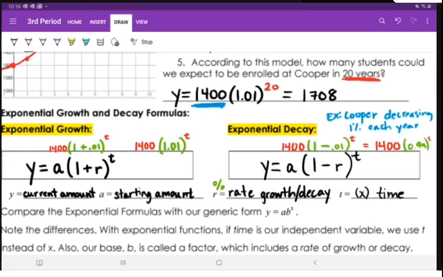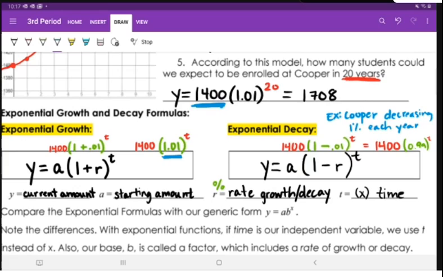I do want to remind you of one thing. You know those growth and decay models we've been talking about? Growth is what you get when your base is bigger than 1. So over here, our base would be bigger than 1. This is growth because we're taking 1 plus something. When you take 1 plus something, you'll have a number that's bigger than 1.